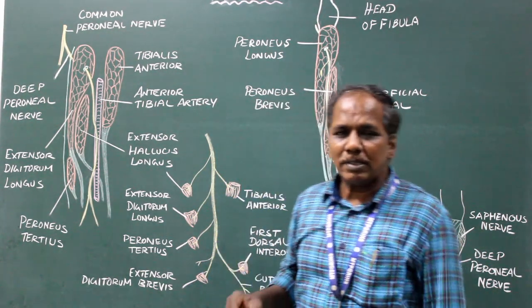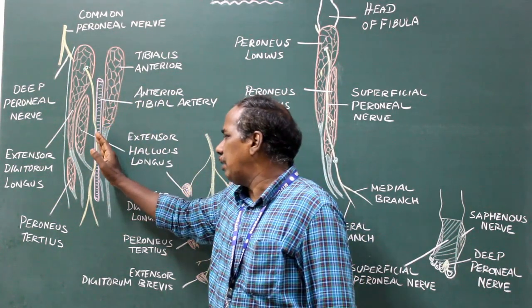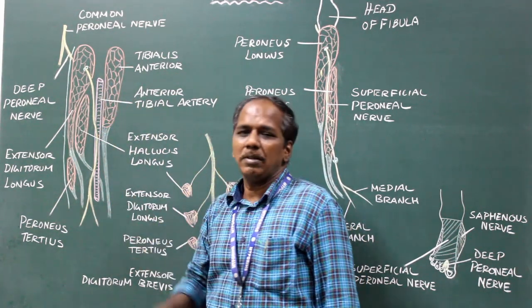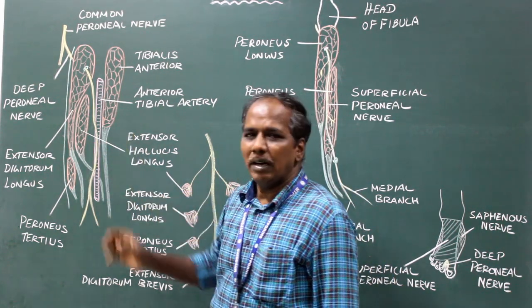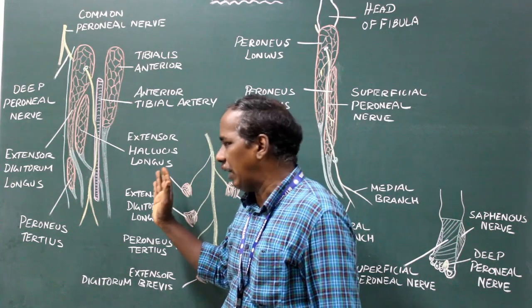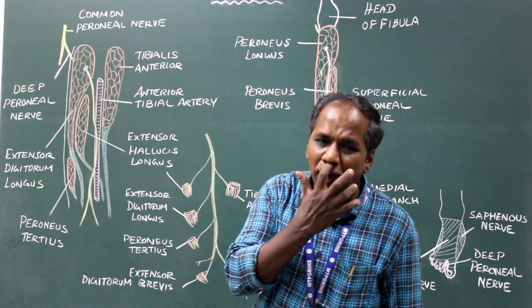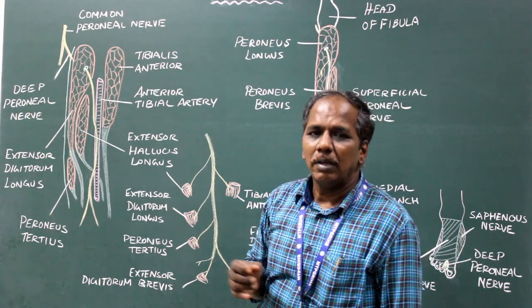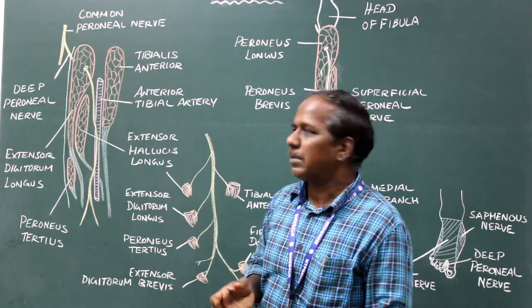So the nerve first lies lateral to the artery, then anterior to the artery, again lateral to the artery. Instead of crossing to the medial side, the nerve hesitates to cross to the medial side, and it once again comes to the lateral relation of the artery. So the nerve is also known as nervus hesitans.